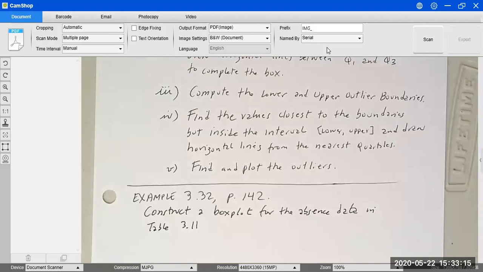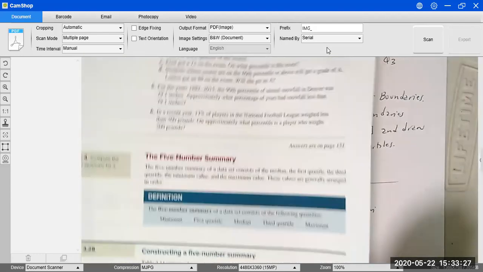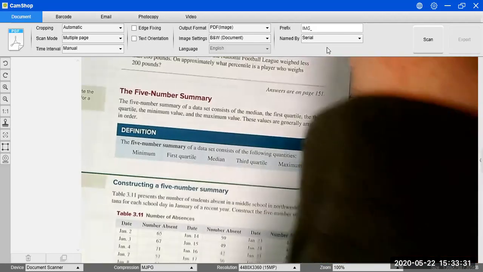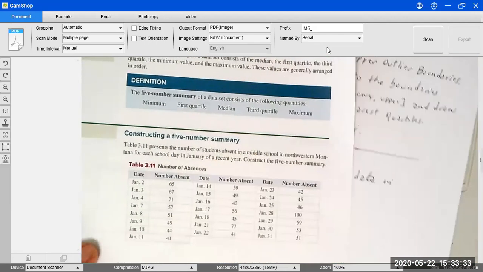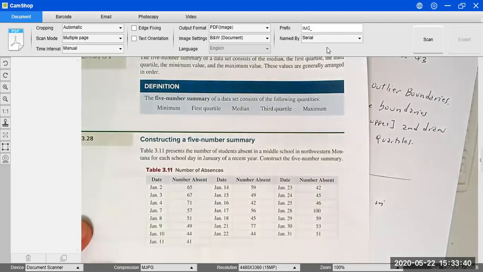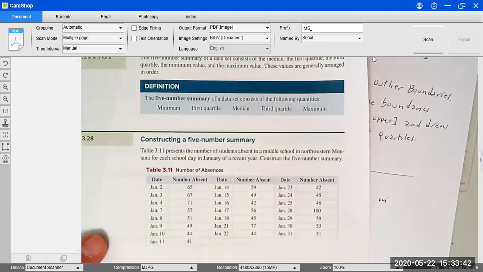Let me see, where is that table? 3.11. So it should be here. So 3.11 is here. This is the number of students absent in a middle school in Montana.